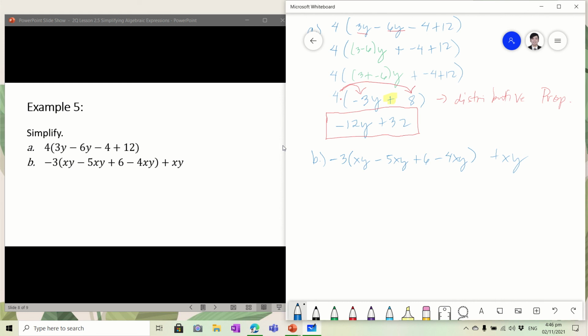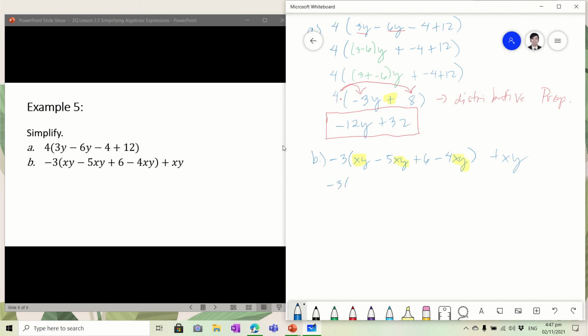So now, as I said, when there's a group, always make sure that whatever is inside the parentheses is in simplest form, meaning there will be no more like terms. So looking at it, the literal coefficient here is xy, here as well xy, same as here.